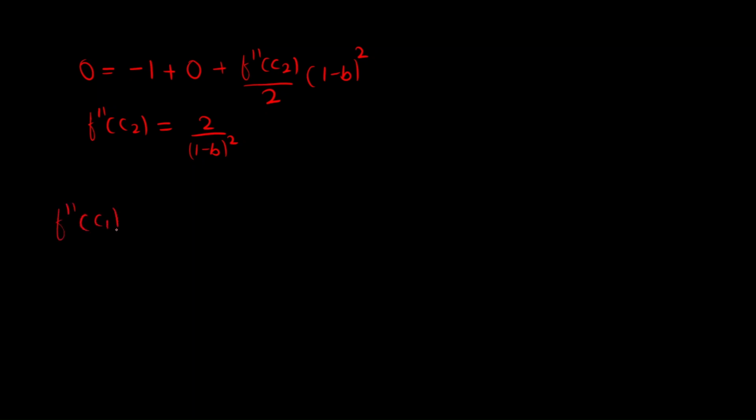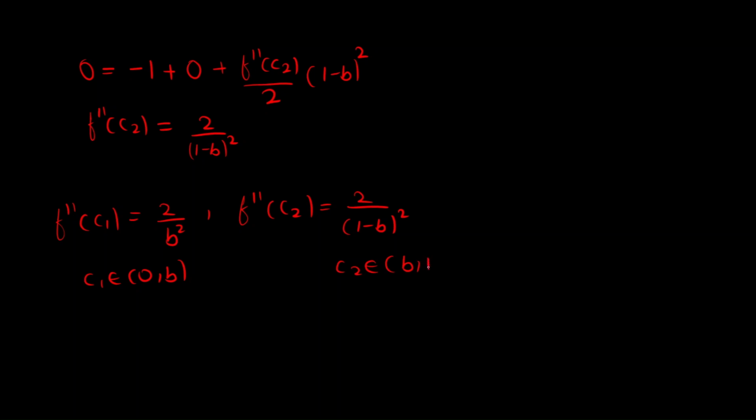Now I'll write both results at a single place so we can see something. f''(c1) is equal to 2 by b square, and f''(c2) is equal to 2 by (1 minus b) whole square, where c1 belongs to (0, b) and c2 belongs to (b, 1). Now let's take cases.